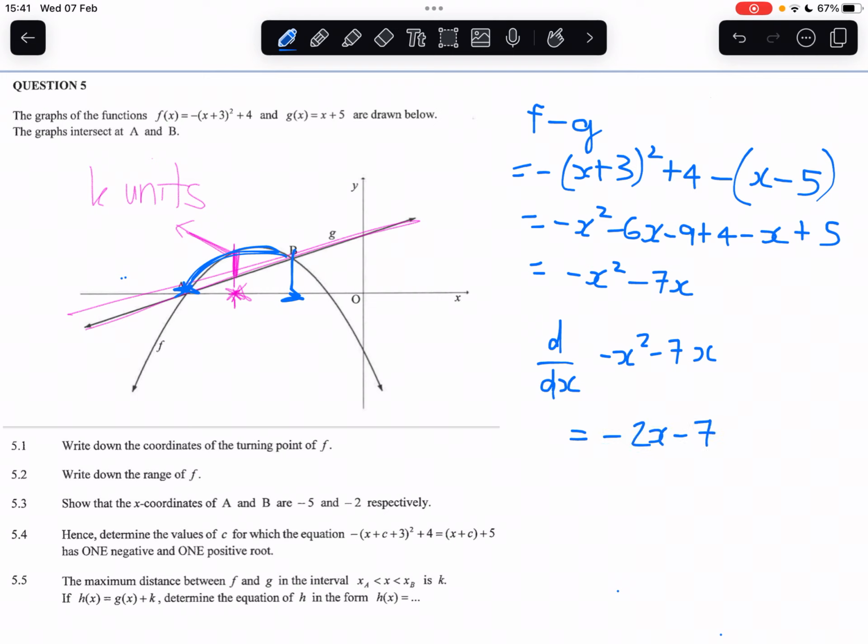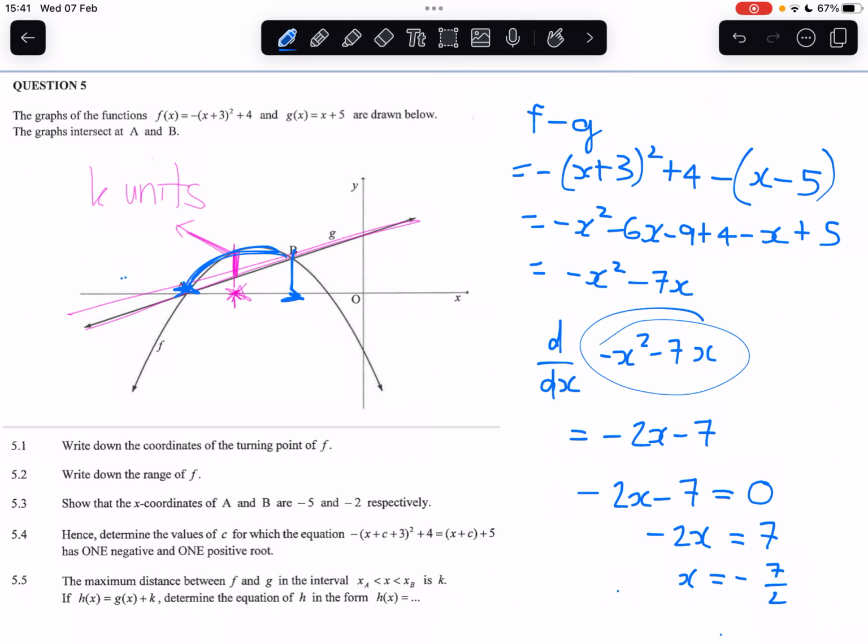We find the place where this is maximized by equating that first derivative to 0, and we solve, and we find that the maximum of this expression is occurring when x is equal to negative 7 over 2.